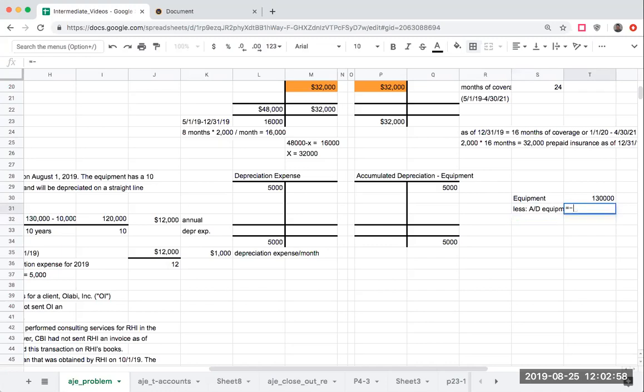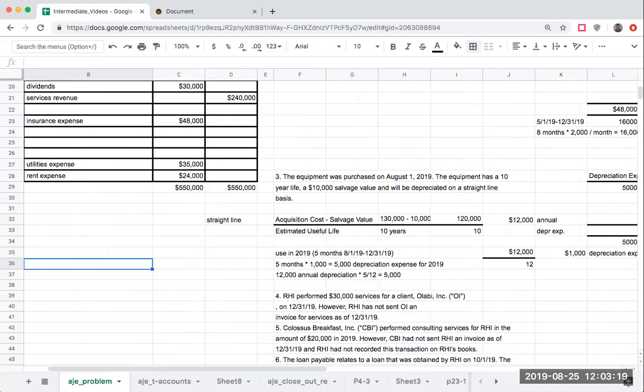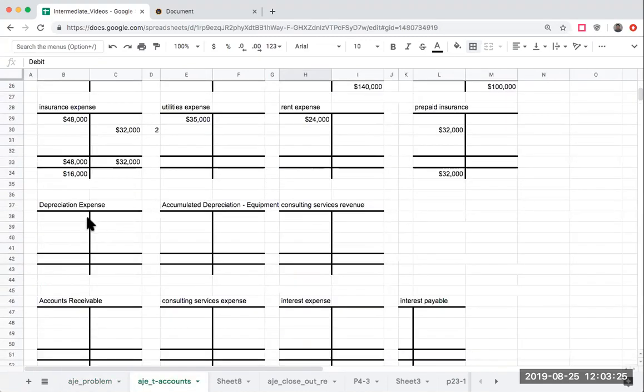Okay, negative 5,000 would be giving the equipment net, basic equipment net. So right over here, accumulated depreciation on equipment is a contra asset account. And when we do the balance sheet, this is what we're going to be seeing a little bit later. Okay, so that is number 3. So let's go through and put this in right over here.